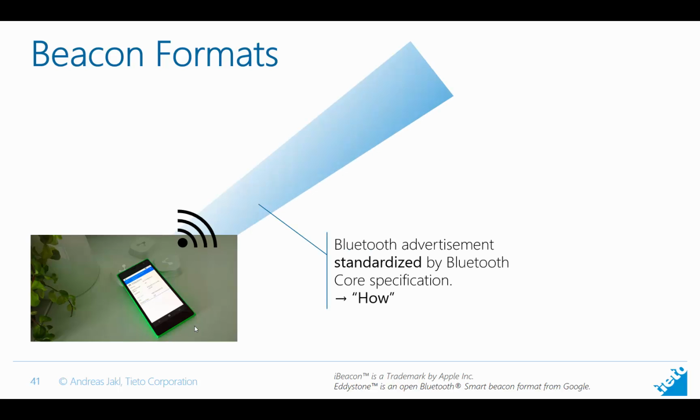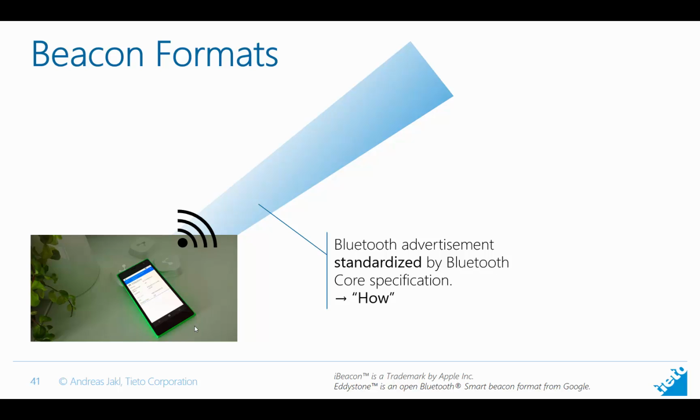Actually, Bluetooth beacon is standardized. So the way a beacon sends out its data, it's just a normal Bluetooth advertisement. It's just like your heart rate monitor would say, oh, I'm here, I'm ready to pair. Or your speaker could send out, I'm the speaker, I'm waiting for you.